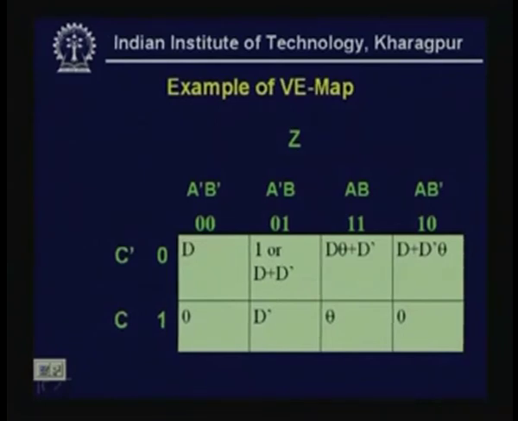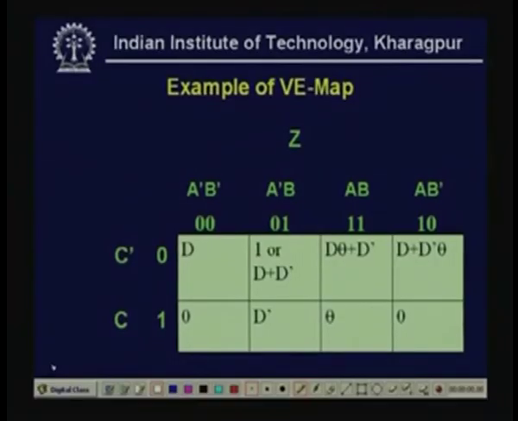That means the 4 by 4 map is reduced to 2 by 4, that means from 4 variables to 3 variables, and the 1s and 0s are reduced by some combination of the other variable, the rest which is left, which we have not considered in the kernel map.